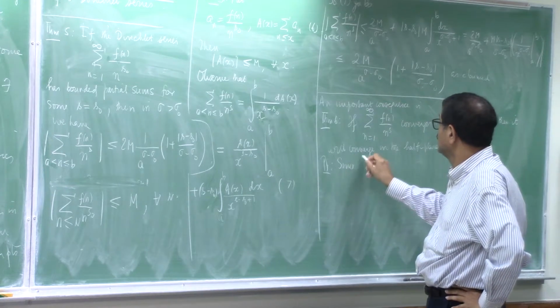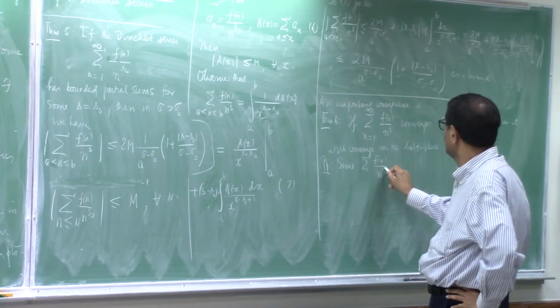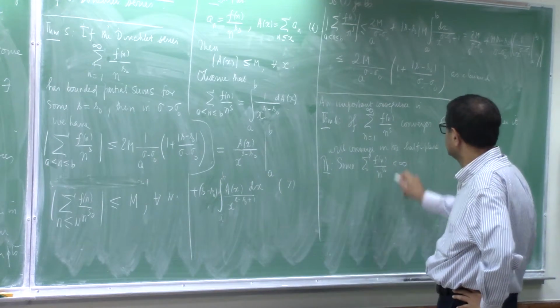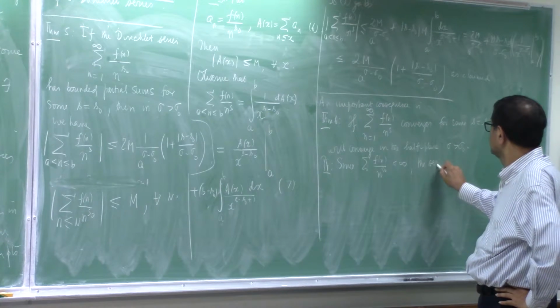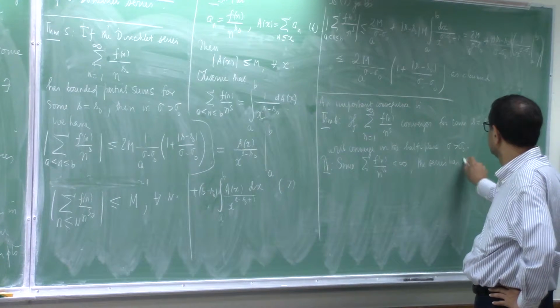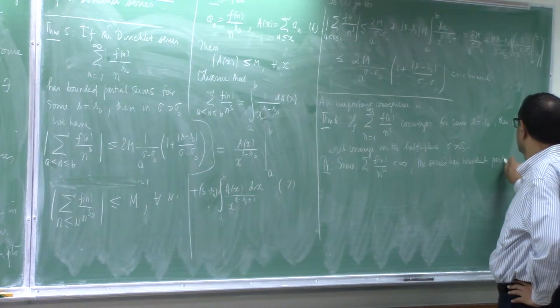Since summation f of n over n to the s naught is convergent, the series has bounded partial sums.